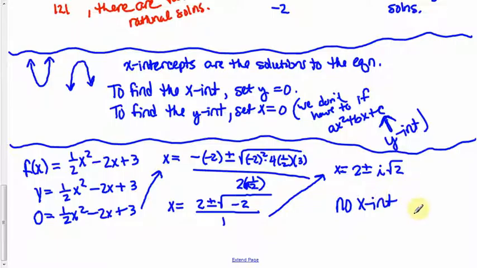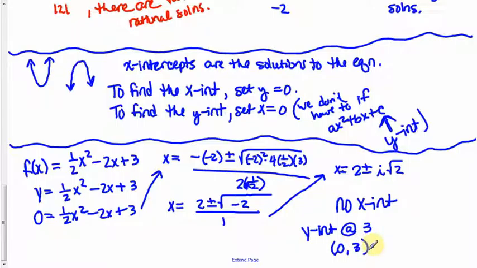because they are imaginary. Now let's talk about the y-intercept. I gave you the little secret. What's the y-intercept of this? What did I say it would always be? What's the c? 3. So the y-intercept is at 3. If you wrote it as an ordered pair, it would be 0, 3. Look at your graph.